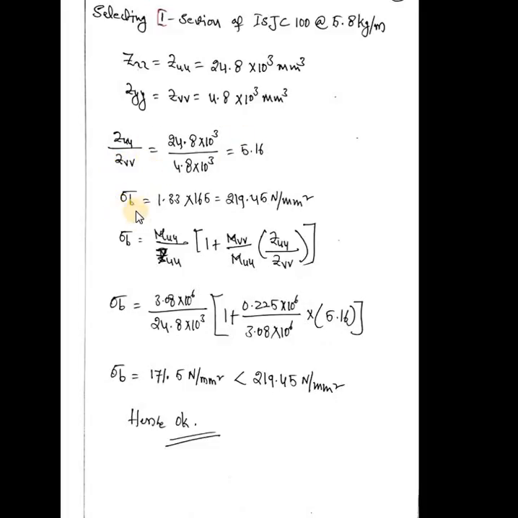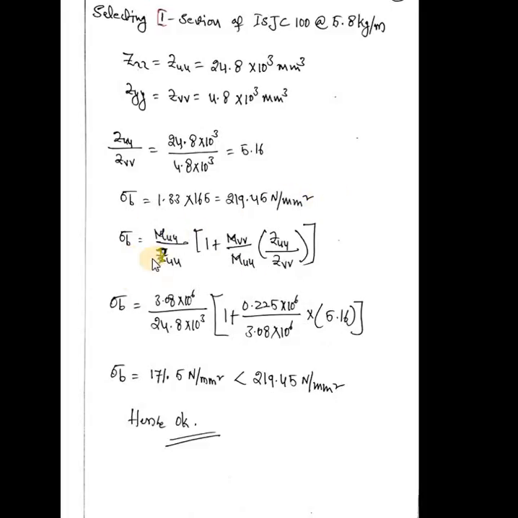Coming to bending stresses, the bending stress is equal to 1.33 into 165, that value is 219.45 Newton per mm square. This is the permissible sigma B because of the wind pressure, 1.33 into 0.66 into Fy value, which is 250. Finally we got 219.45 Newton per mm square.